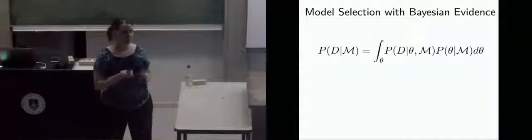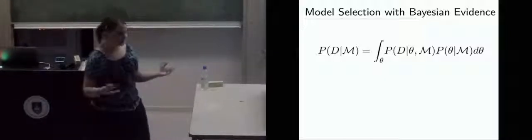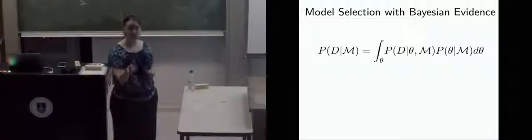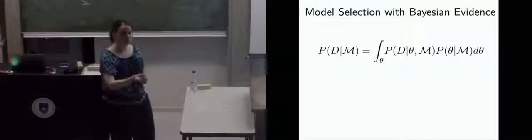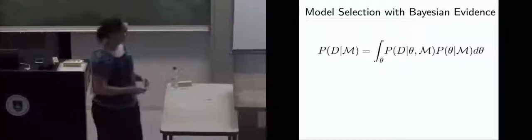Alright, the last piece of the puzzle I want to talk about is model selection. Remember I talked about that weird term, probability of data? It doesn't seem to make any sense. That's called the Bayesian evidence. And the reason why it didn't make sense is because in that equation there was actually a hidden term: your model. You had to have chosen a model first before you could compute Bayes' theorem.